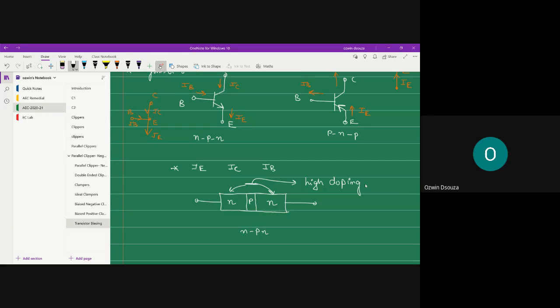So the doping level in the outer two layers is very high compared to the middle layer, due to which what happens is that, let's say this is the base terminal, this is the collector terminal, this is the emitter terminal.